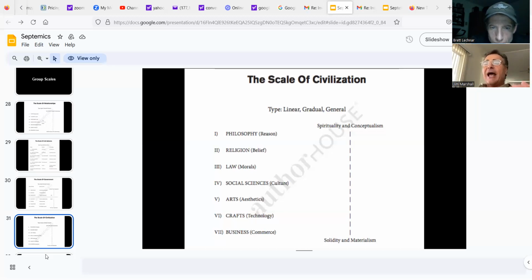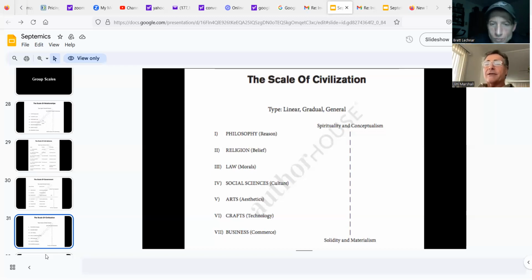Then after that, you get the arts. Arts can develop because you have a culture. Arts are about aesthetics. So you start to see pottery or sculpture or painting, okay? That comes after a culture is established at level 4, and then the next thing is you get aesthetics.